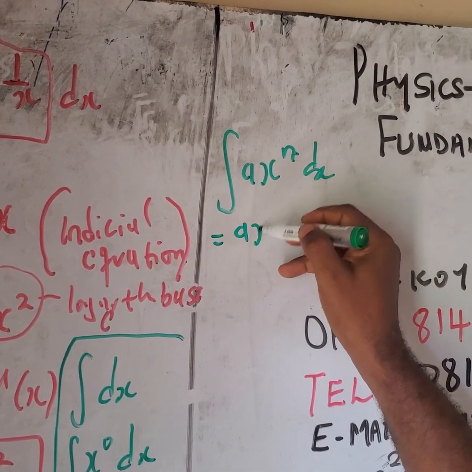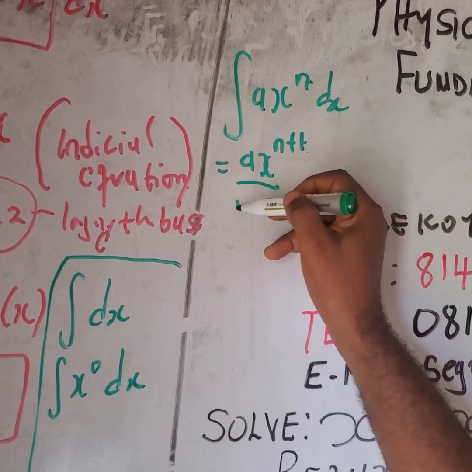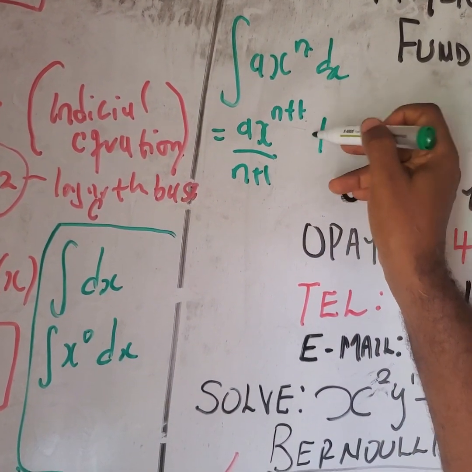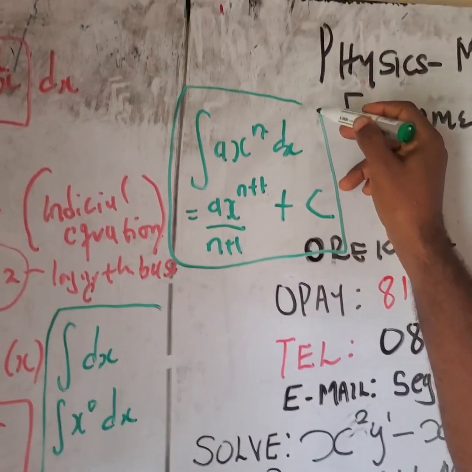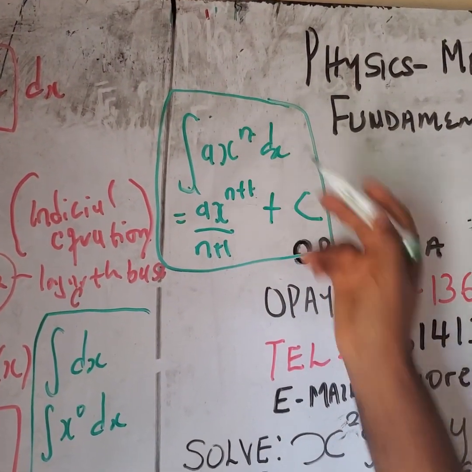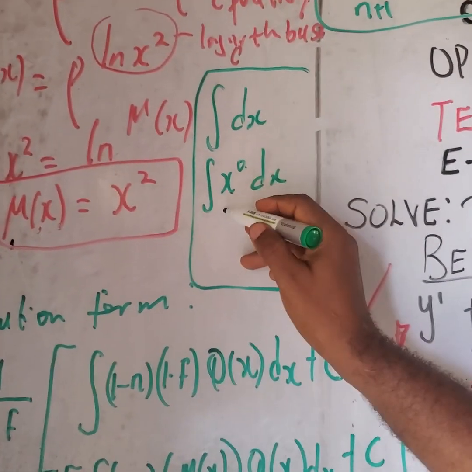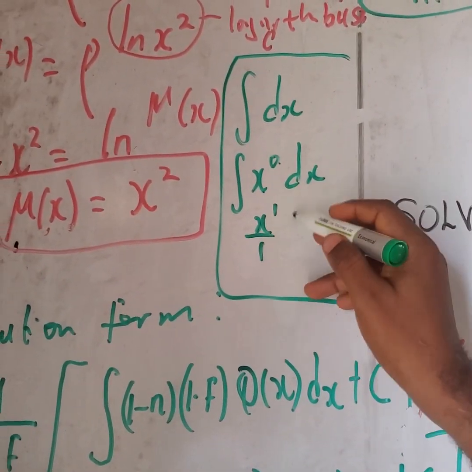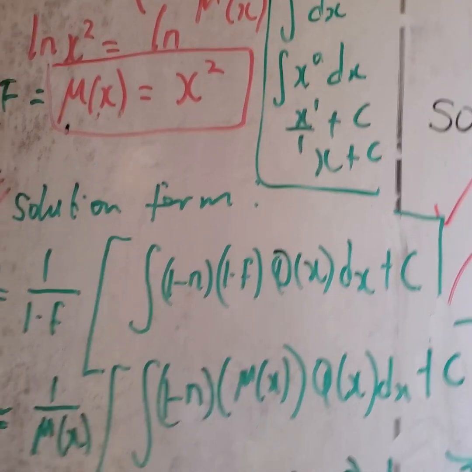So I have a x raised to power n plus 1, and whatever we have as power, we use it to divide, n plus 1. Then we put our constant of integration for indefinite integral, because we are not given the limit. So that's the same thing here. You add 1 to this 0, so it's going to be x raised to power 1 divided by 1 plus c, which is x plus c. So that's what I did here.